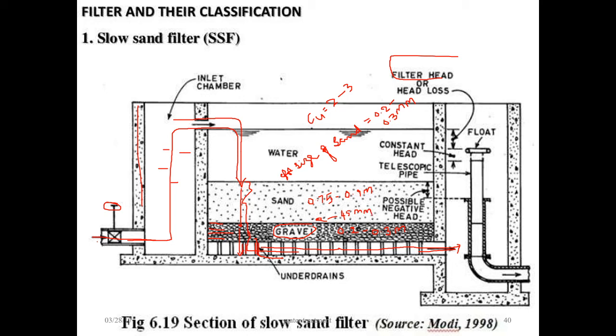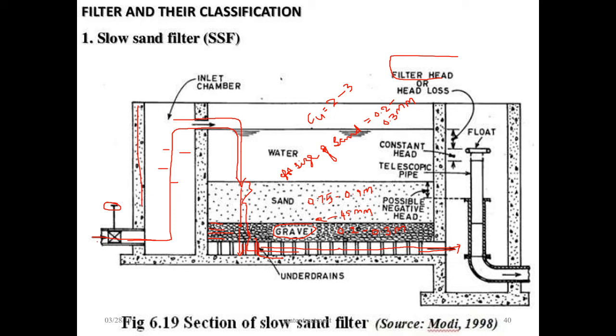In this type of filter, coagulation pre-treatment is not required. However, if the turbidity is more than 50 ppm, as in the case of rainy season, coagulation would be essential. In rainy season, we must do the coagulation process.